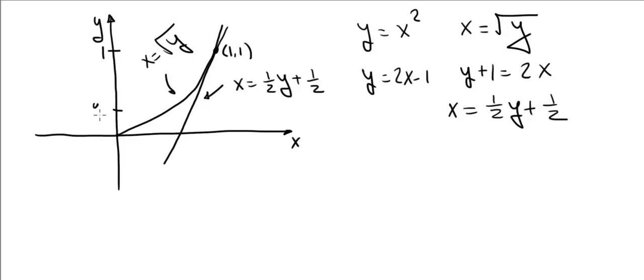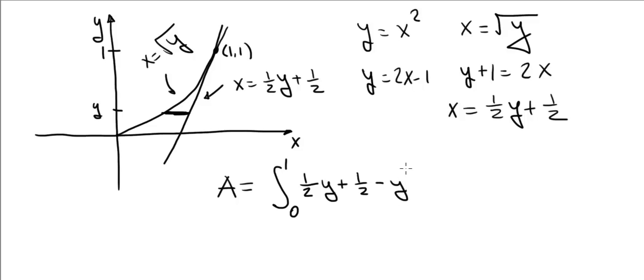If we now pick a typical y and look at this horizontal strip, we enter through the parabola and exit through the line, so the area can now be evaluated using one integral and not two. It's the integral from 0 to 1 of the exit part, which is the line 1/2 y plus 1/2, minus the entry part, which is square root of y.